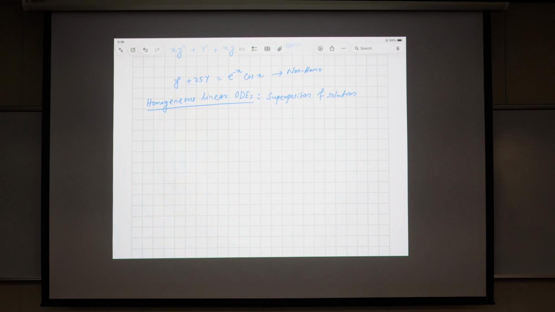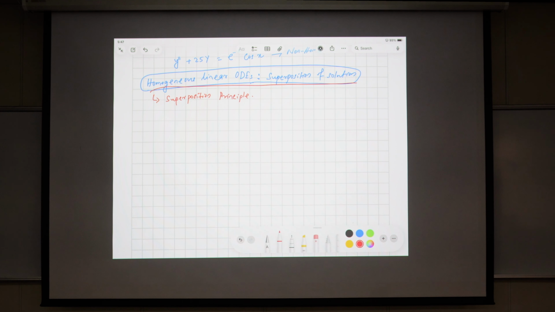What exactly is this concept? Let me explain. Technically it was named the superposition principle of homogeneous linear ODE. So let's understand this one with one simple example, then we can go into the theoretical context in detail.